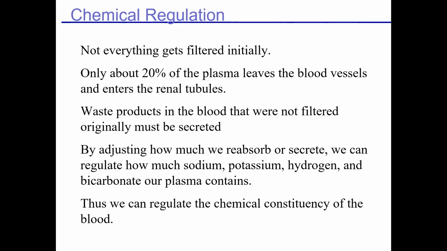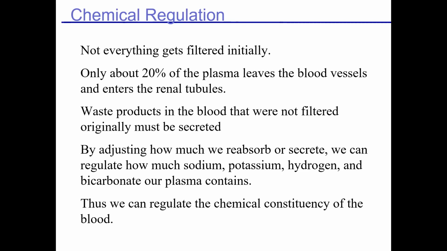So how much plasma is going through here? Well, about 20% of the plasma that goes into the glomerulus gets filtered every pass. So at any given time, about 20% of our blood is being pushed through our glomeruli.